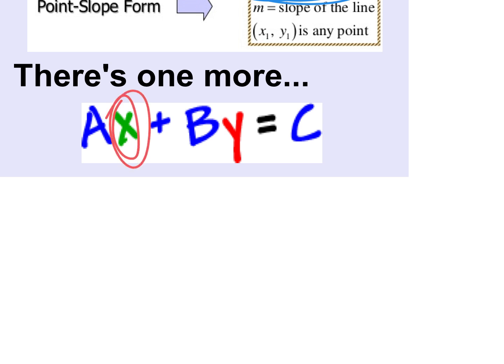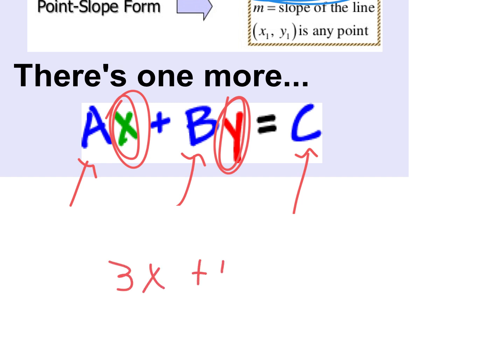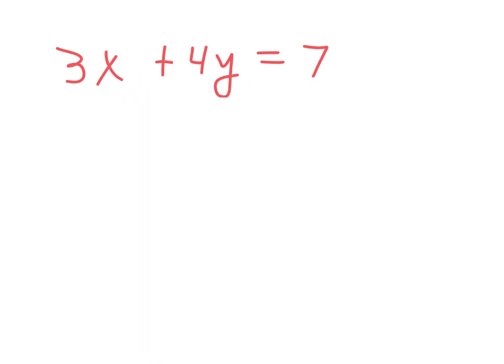And it's got the x here and the y here, and this and this and this are just numbers. Okay? That's like this. 3x plus 4y equals 7. See how the x is first, the y is second, and the 7 is last?